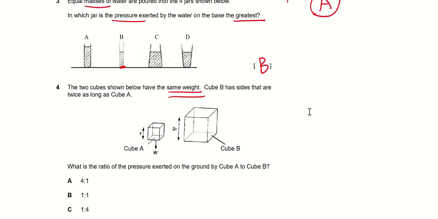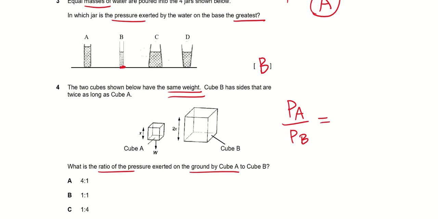Okay, so continuing, cube B has sides that are twice as long as cube A. They're asking us for the ratio of the pressure exerted on the ground by cube A to cube B. So I can say pressure of A over pressure of B is the ratio.